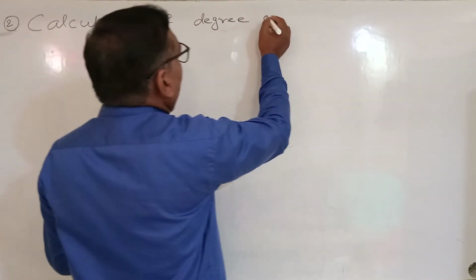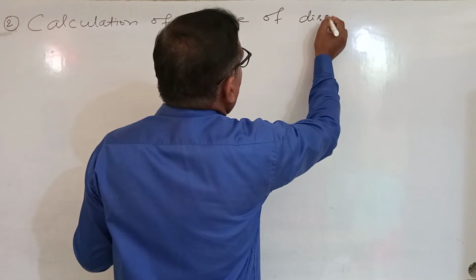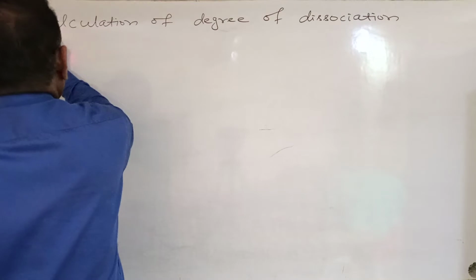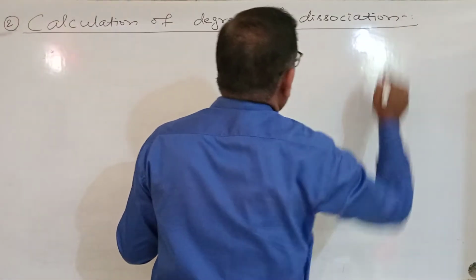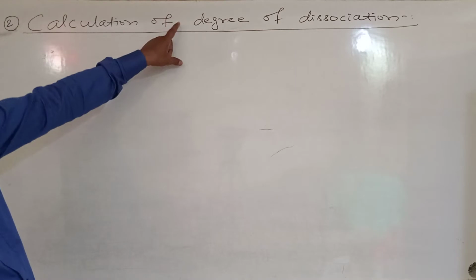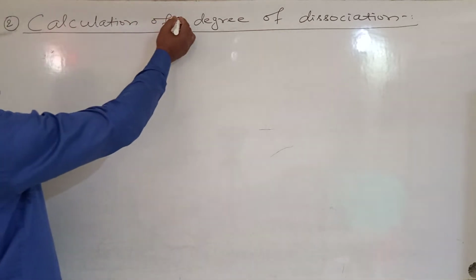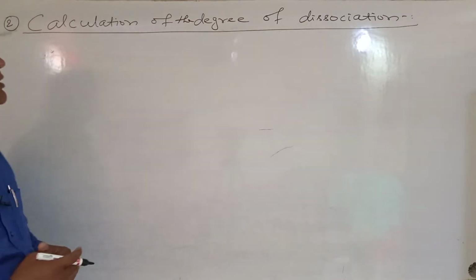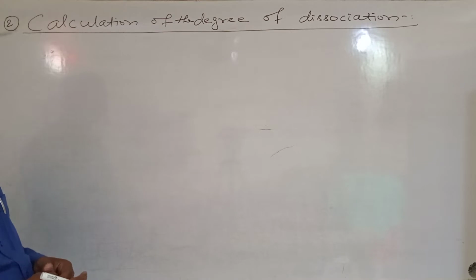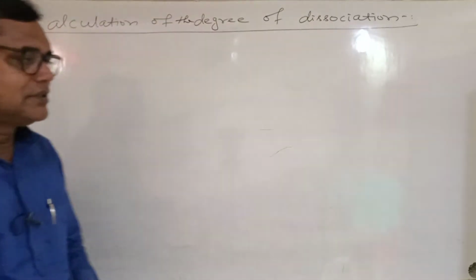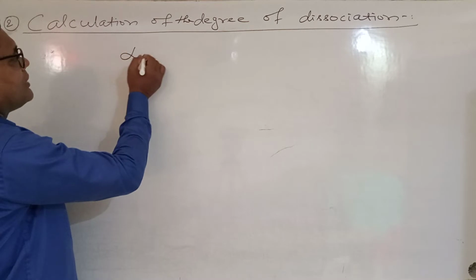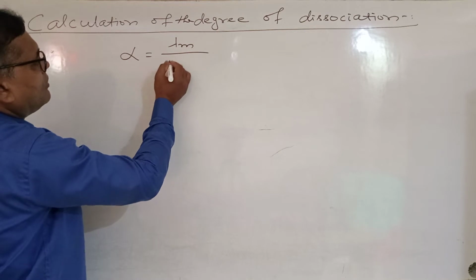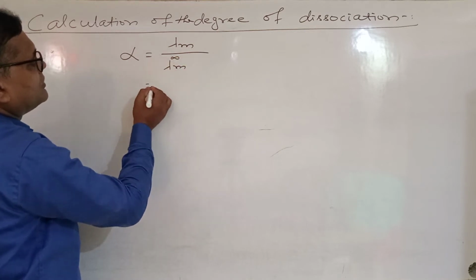Degree of dissociation. It is the second application of Kohlrausch law. Here we write the formula for the calculation of the degree of dissociation: alpha is equal to lambda m upon lambda infinity m.